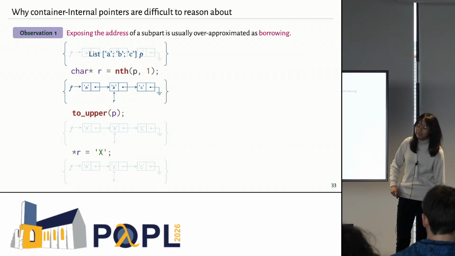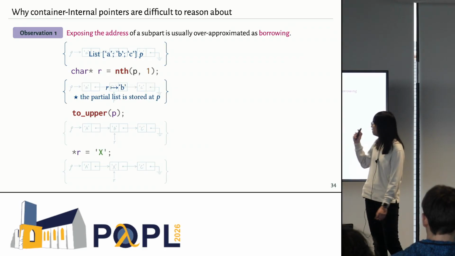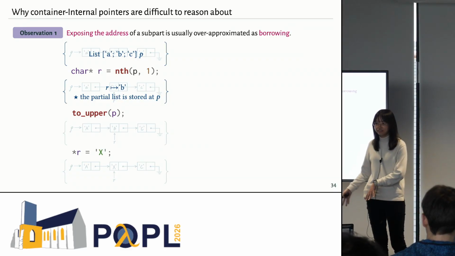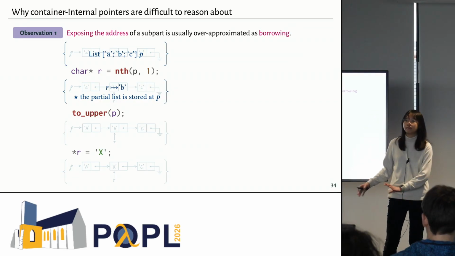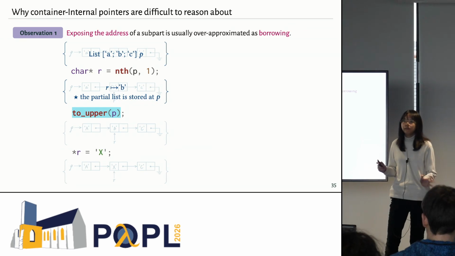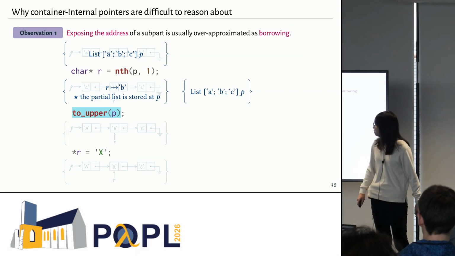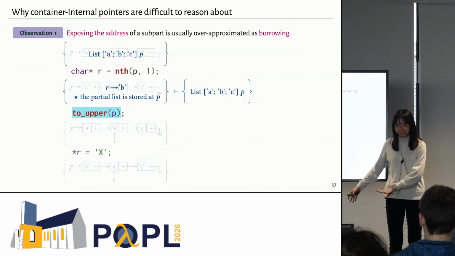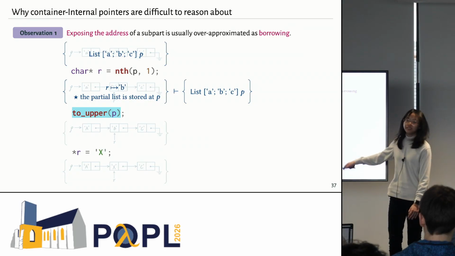Now we can replace the diagram with the representation predicate, and the state after the call is usually modeled as R points to B, saying that R borrowed the element B from the list to become its exclusive owner, leaving the rest of the list stored at location P. And then notice that to_upper actually wants the full list ABC. To get that, we have to revert the borrow to return the element B back to the list. In this process, we lose information. We forget about R, which we need to use later.